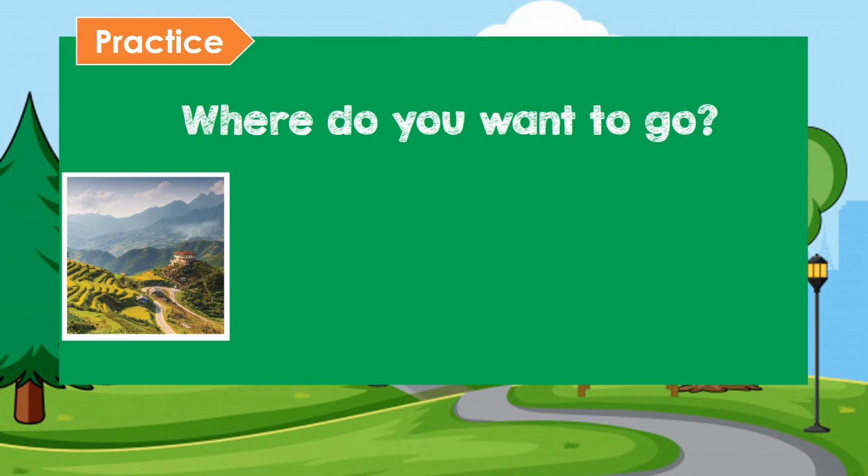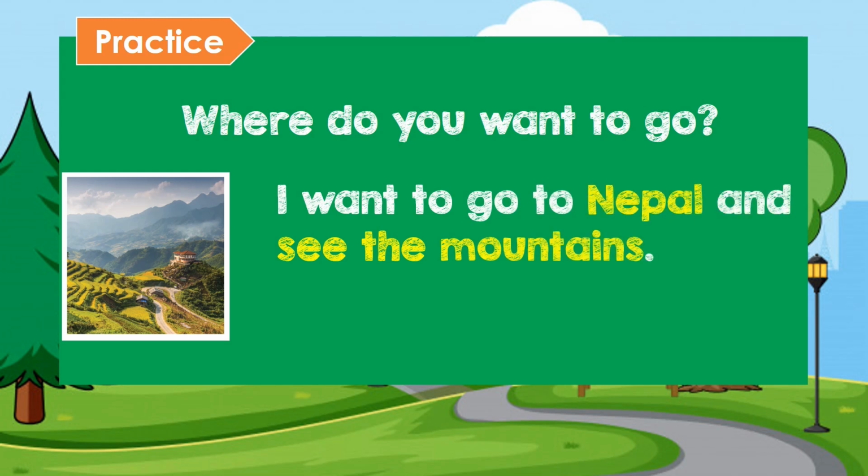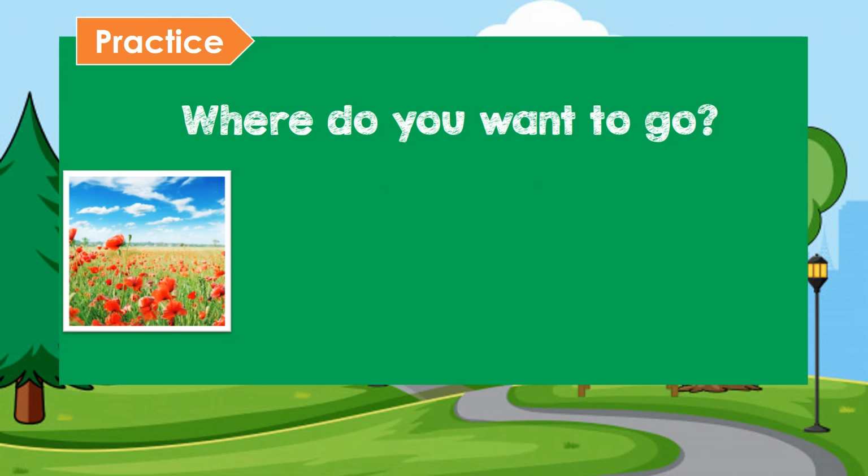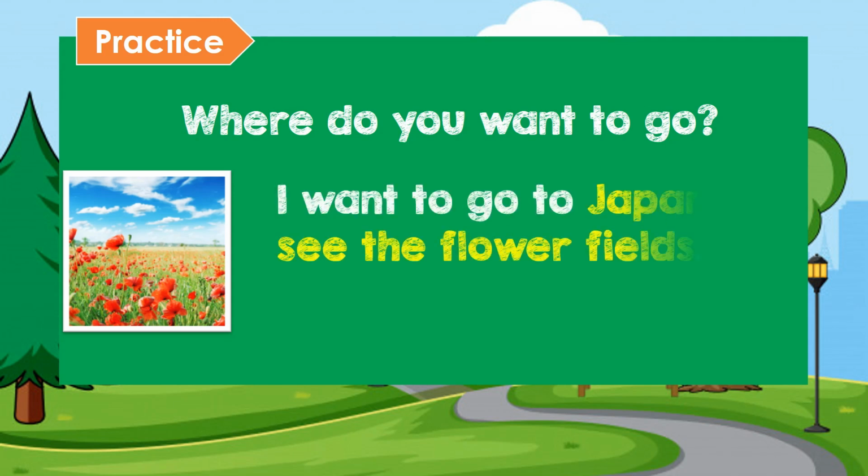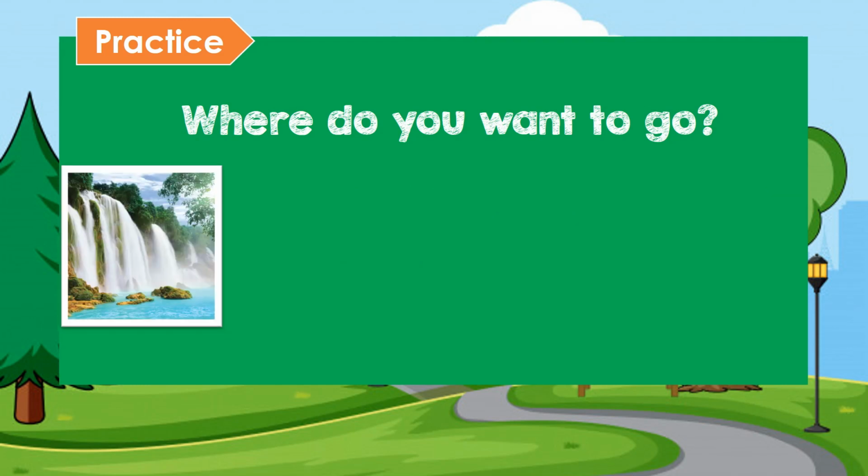Time for practice. Where do you want to go? I want to go to Nepal and see the mountains. Where do you want to go? I want to go to Japan and see the flower fields. Where do you want to go?